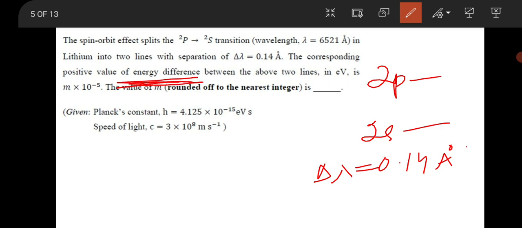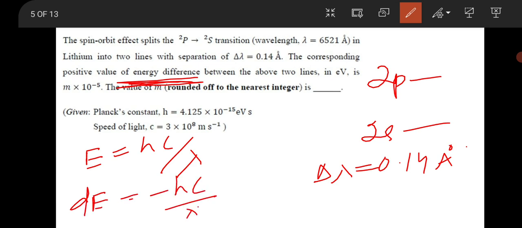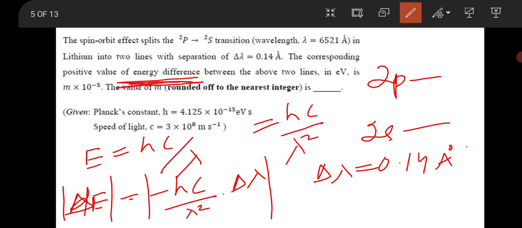First of all, you know E equals hc by lambda. So if you consider the change in energy, del E, it will be minus hc by lambda square into del lambda. If you take the magnitude, this negative quantity turns into a positive quantity. So magnitude of del E is hc by lambda square into del lambda.